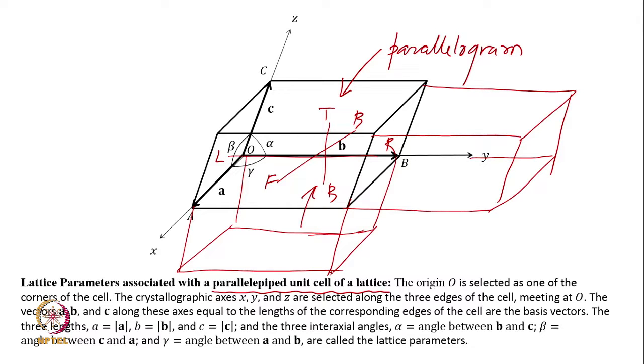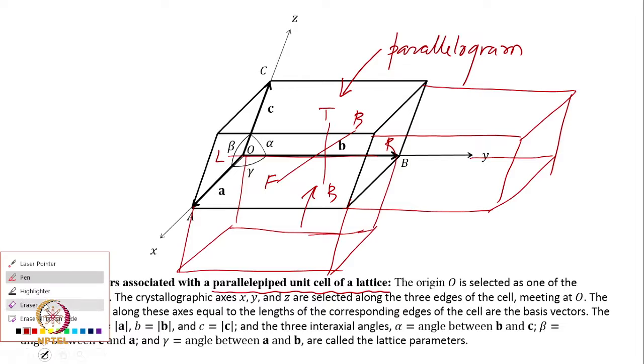So, it will start filling the space. So, it is a unit cell. Parallelopipeds are unit cells, and that is the standard unit cell usually used in crystallography.